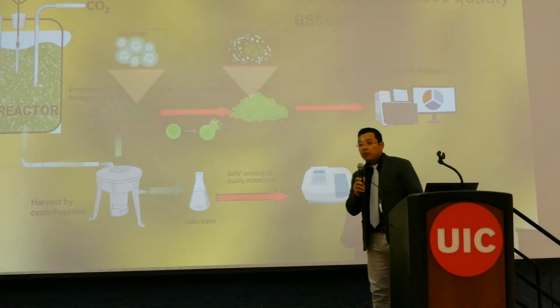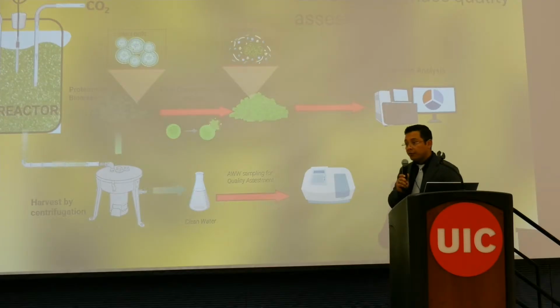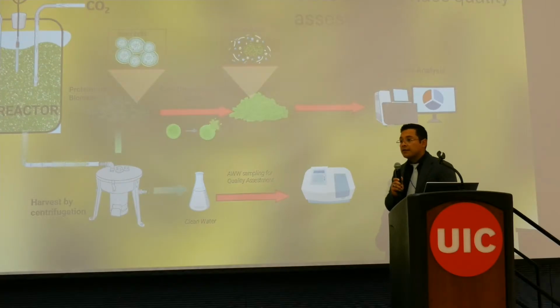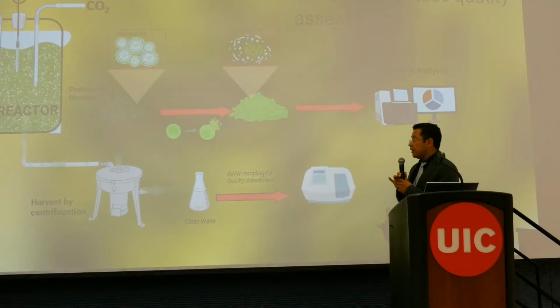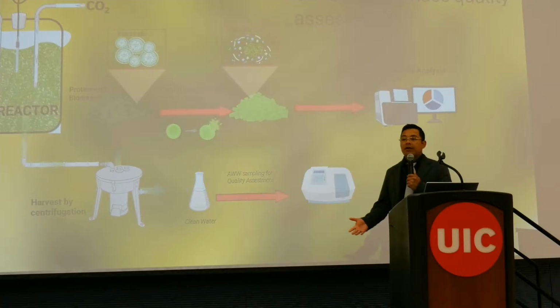After 14 days of cultivations, we collected the biomass by centrifugation. We separate the solids, which is the microalgae, from the treated wastewater. After that, we analyze that treated wastewater in order to see what would be the efficiency of microalgae in removing those remaining nutrients.